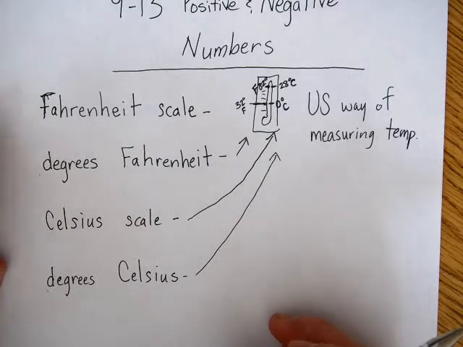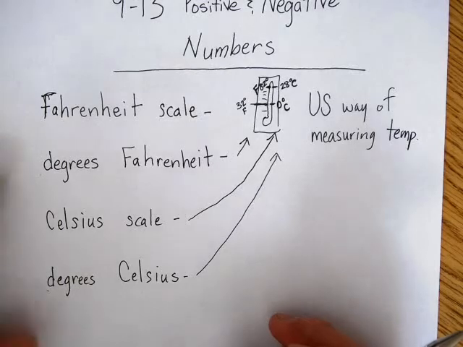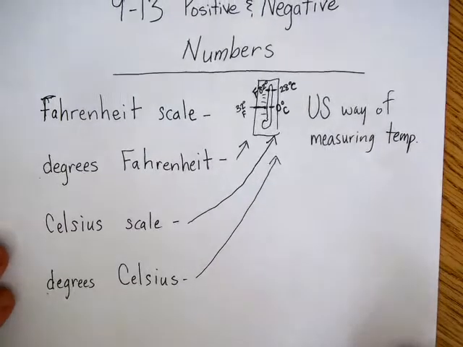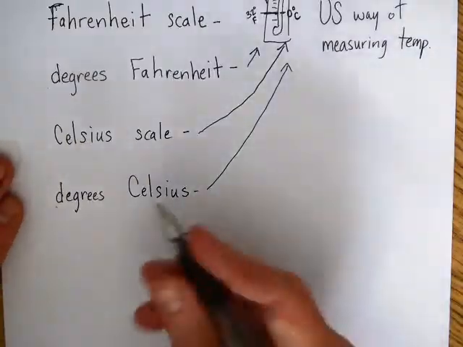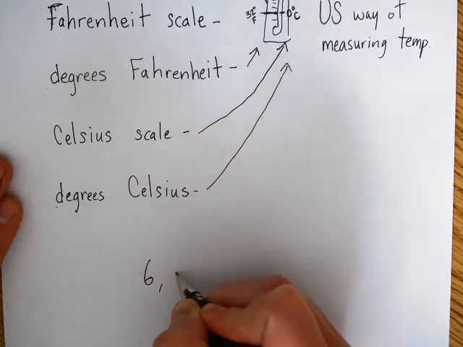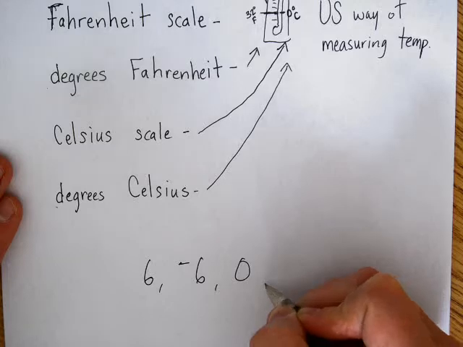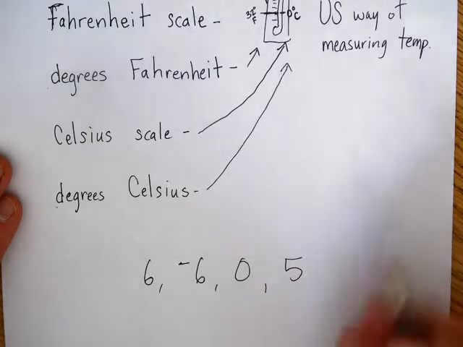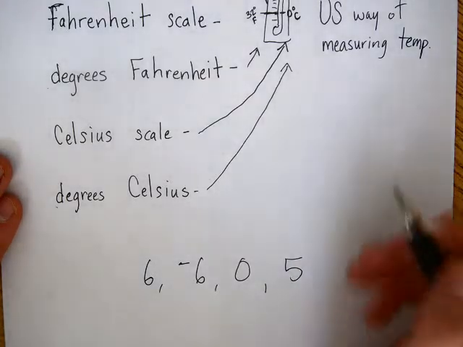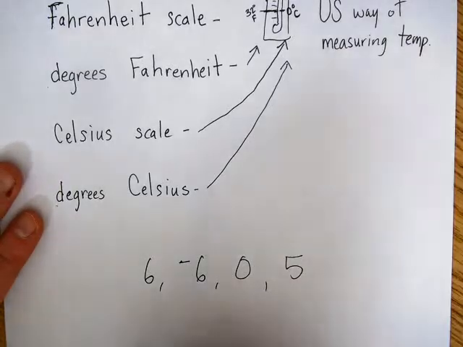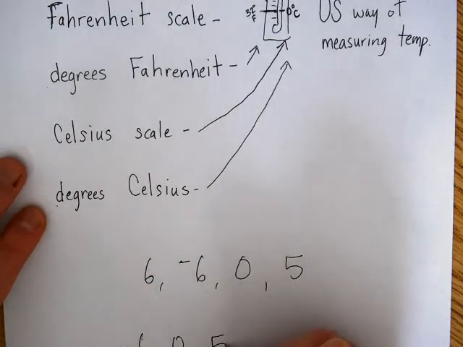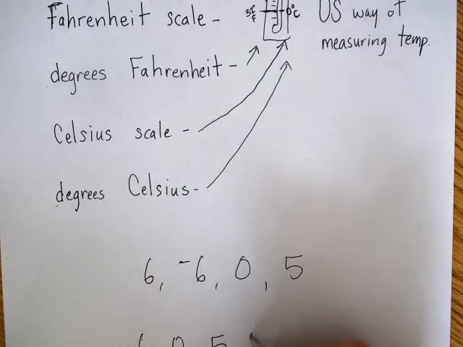As far as concepts, we want kids to be able to compare and order positive and negative numbers. So if they're given a list of numbers, let's say 6, negative 6, 0, and 5, we want kids to be able to put those numbers in order from smallest to largest, which would be negative 6, 0, 5, and then 6.